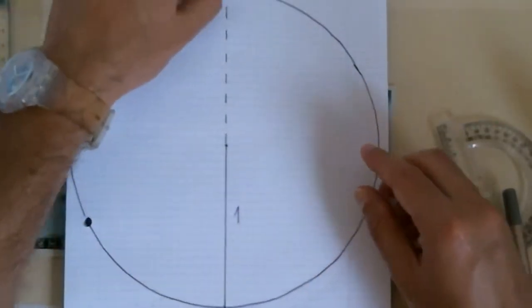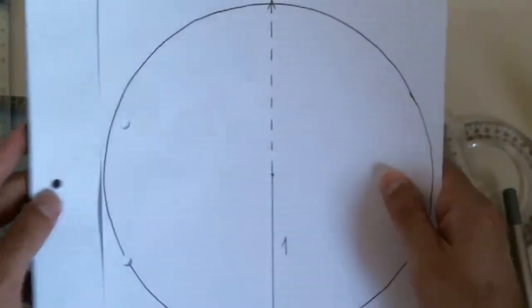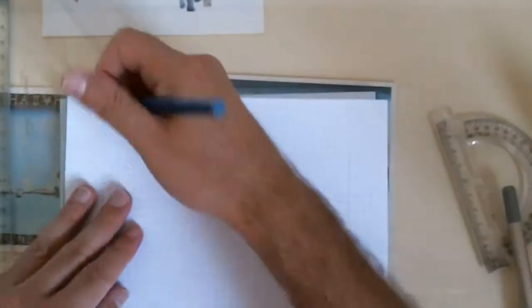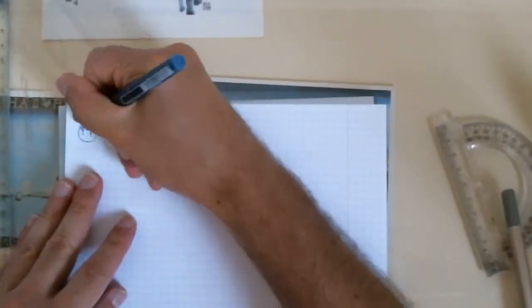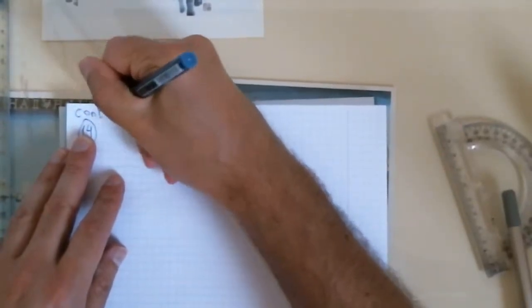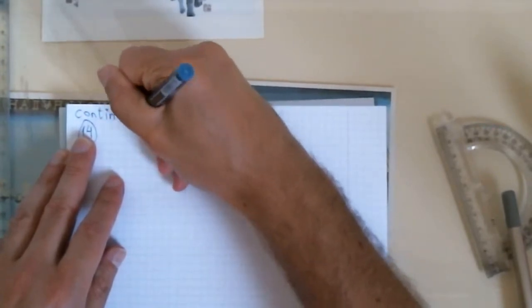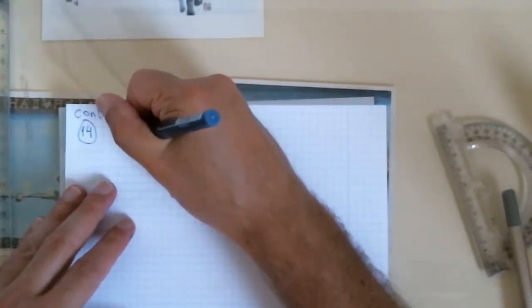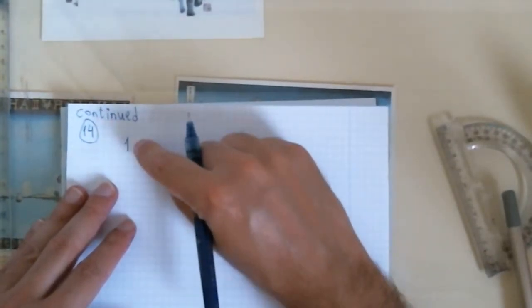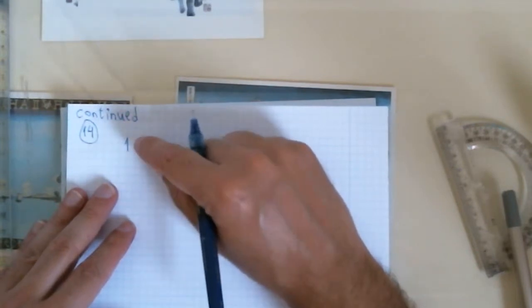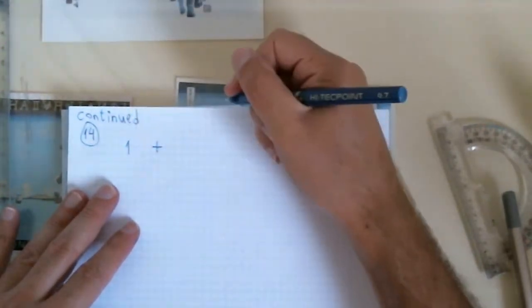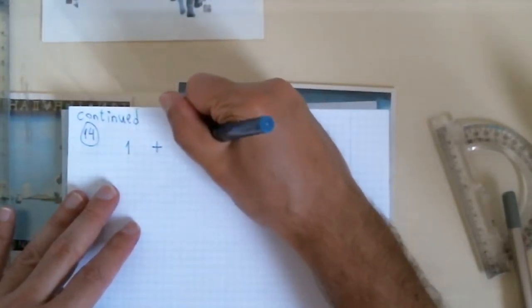Let's say we make it on another page. This is question 14 continued. We have 1, the distance from 6 o'clock to the center of the circle, plus 12 o'clock.